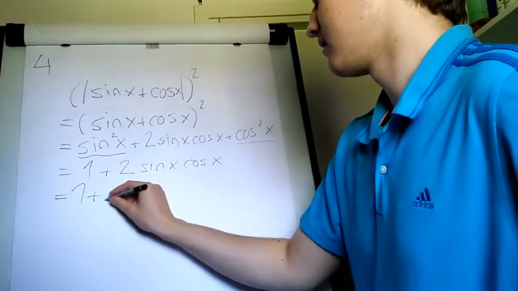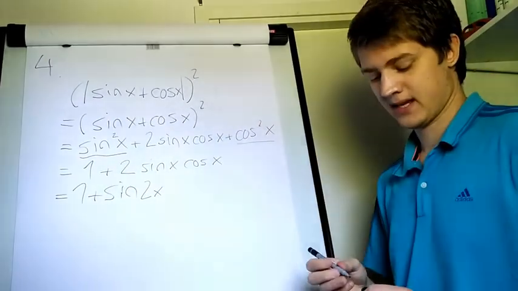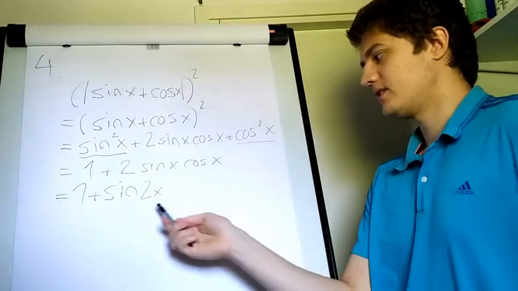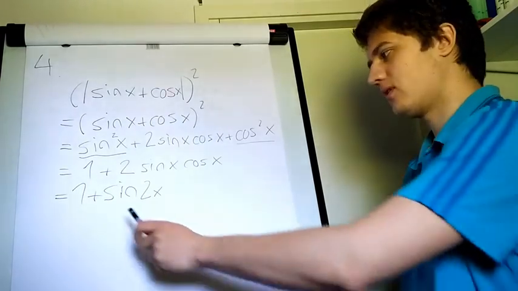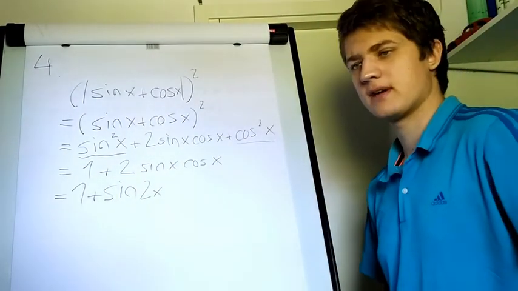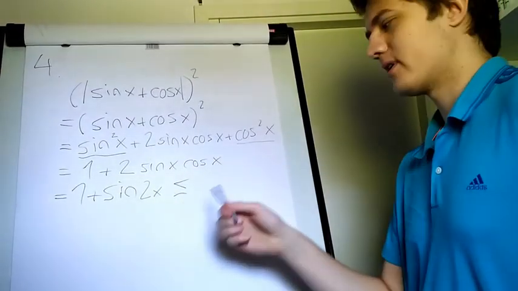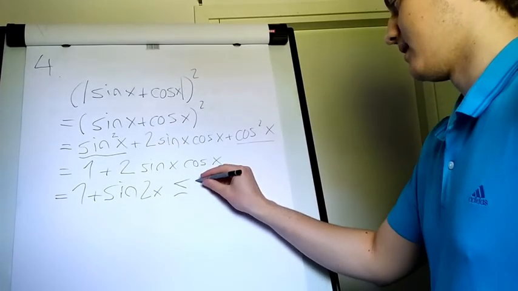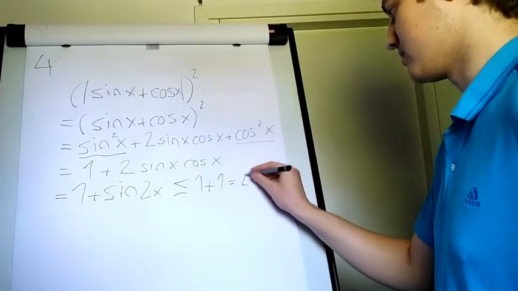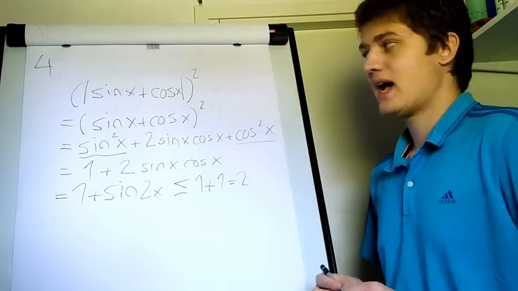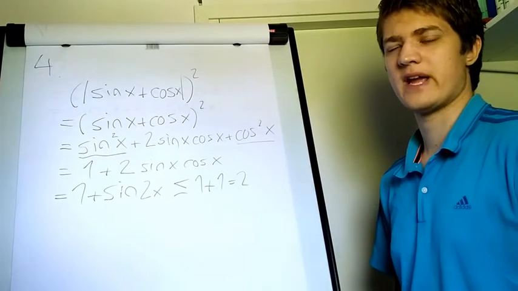So we get this. And now we know that sine 2x is always between -1 and 1. That is for all real x for the sine function. And for that reason we can estimate it upwards to be less than 1 plus 1, which equals 2. And of course this expression is always positive, so it's also greater than 0.